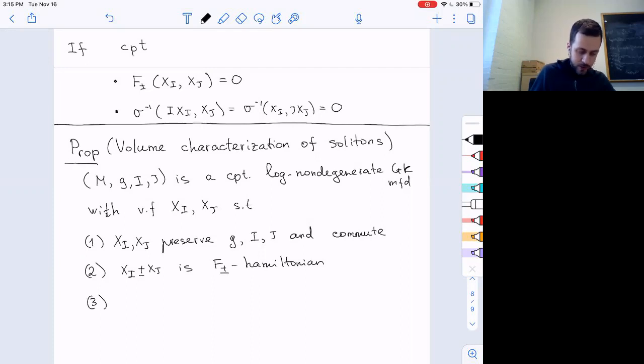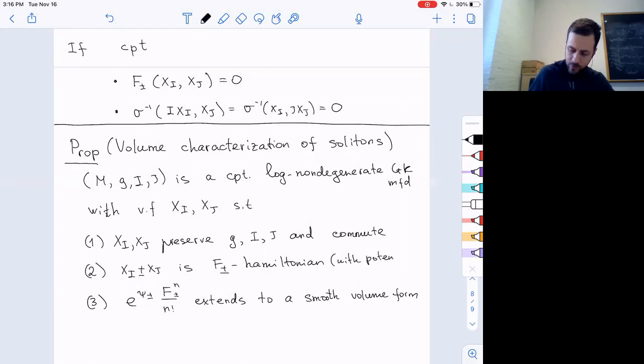The third assumption is that the normalized volume form e to the psi times F to the n over n factorial, again plus or minus, which is defined on an open dense set, extends to a smooth volume form, with psi plus or minus the Hamiltonian potentials.